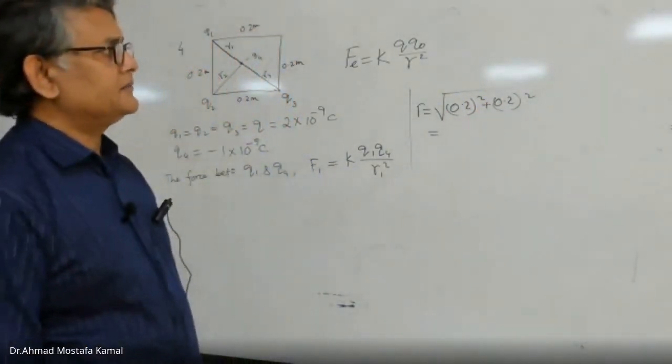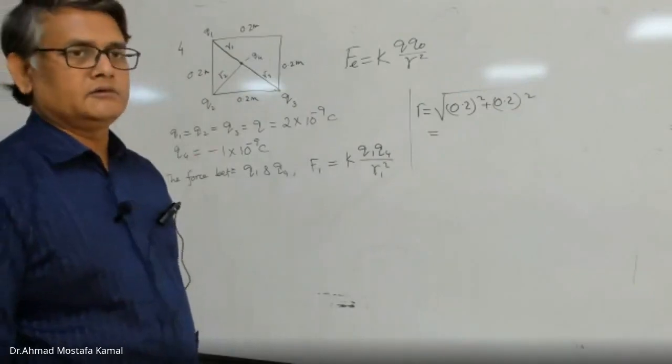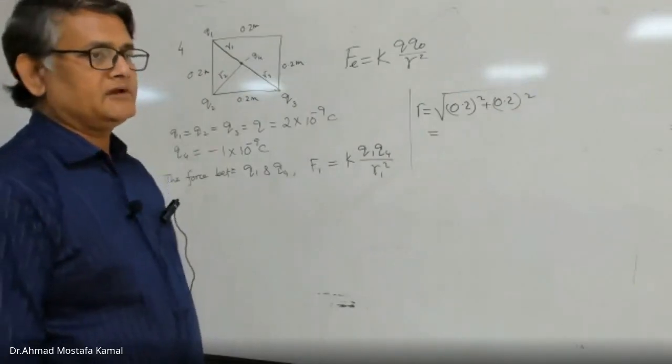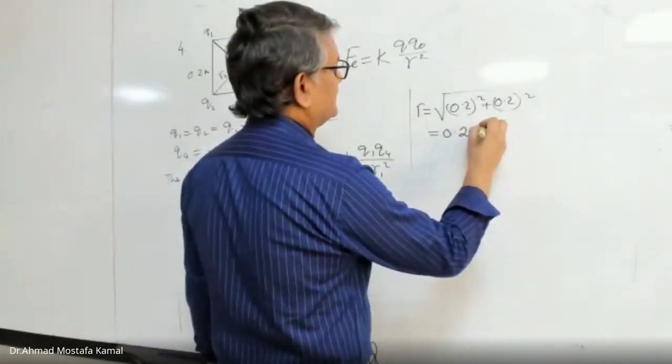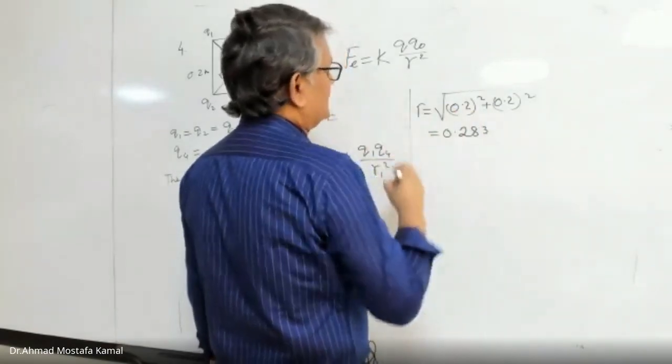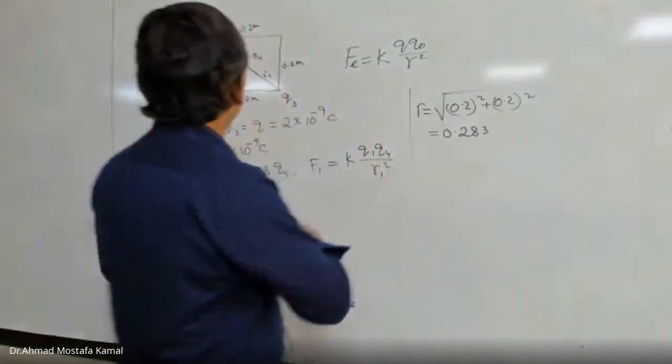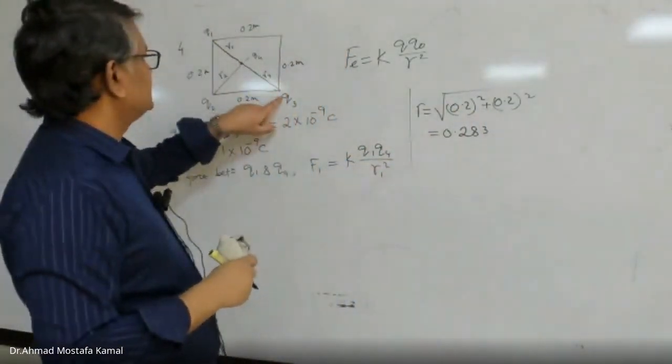Pythagoras. So 0.283. Okay, fine. So this is the total distance between Q1 and Q3.